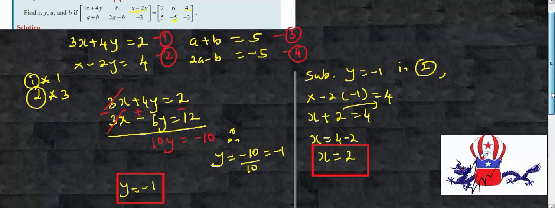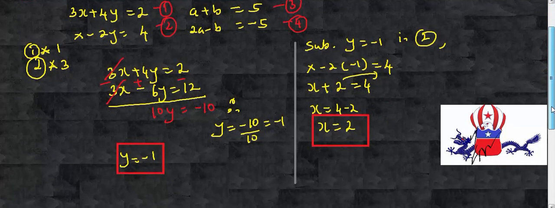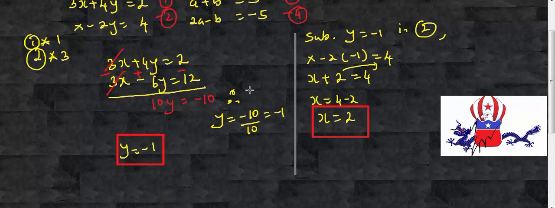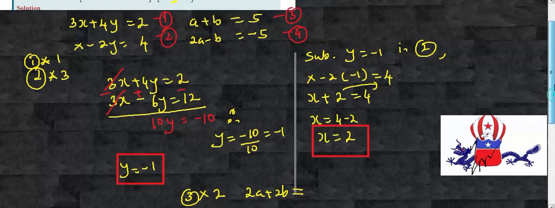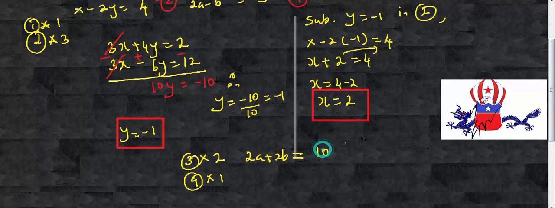Now, having obtained the values for x and y, it's time that we solve for a and b. What I'm going to do is multiply equation 3 by 2, and equation 4 I would multiply by 1. If I were to do that, I would get 2a + 2b equal to, on the right side I've got 5, so that would be 10, and for the second equation it's going to be 2a - b equal to -5.